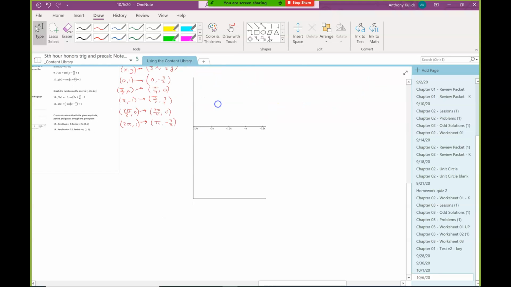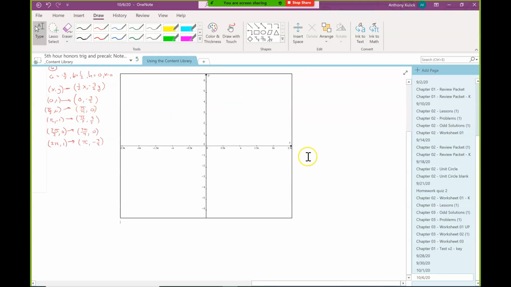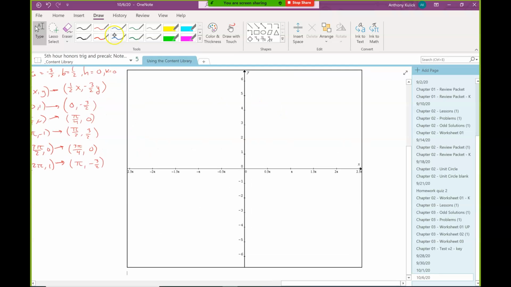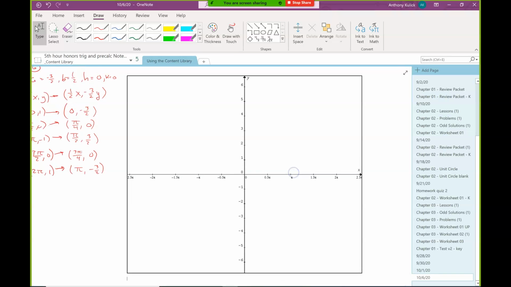So let's go ahead and graph this. So I'll import myself an XY axis that I've already made and labeled out here. So the tick marks there, Lauren, every tick mark is a half a unit of pi. So we can plot that then. So I have 0 and then negative 3 over 2. Pi over 4, which should be halfway between 0 and half a pi, right?